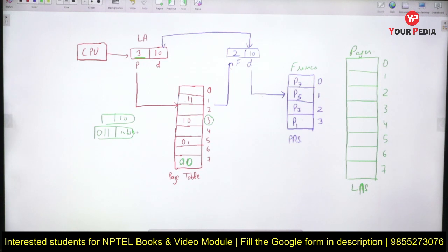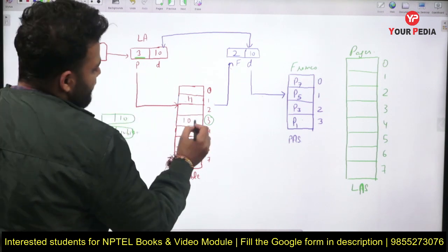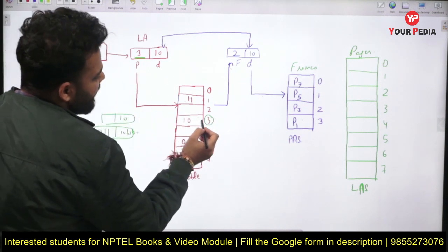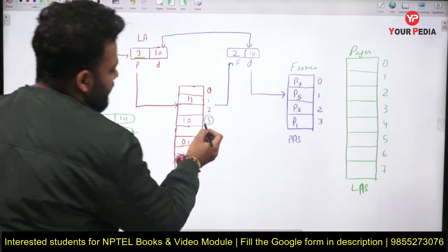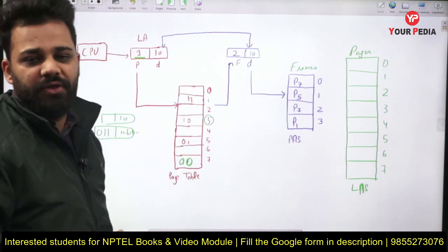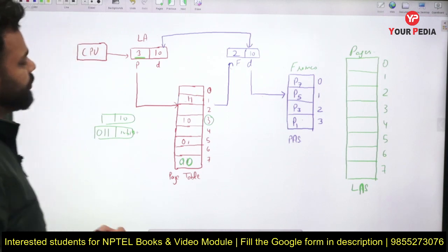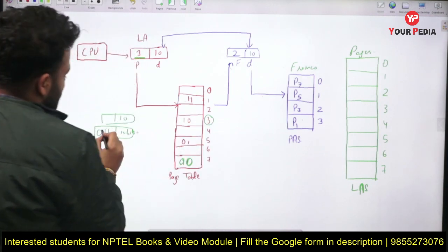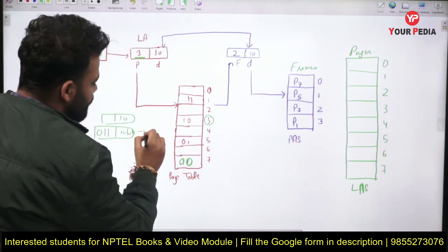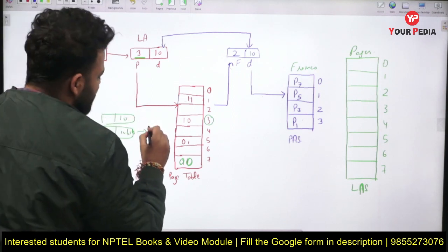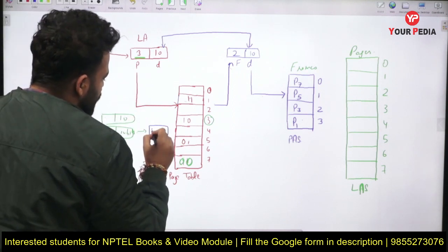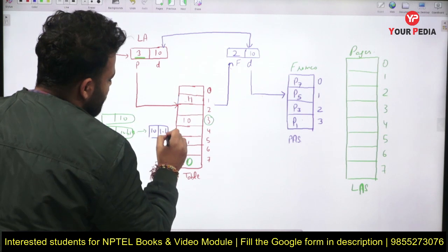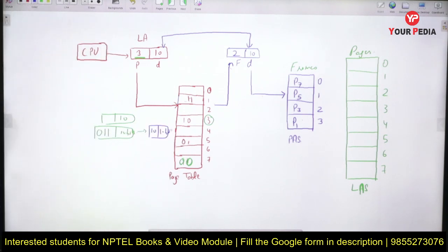Now it will go here and it will see that page number 3 is present in frame number 10. Now frame number 10 is what? 2. So it will translate this 0 1 1 into the frame number, which will be 10, and similarly there will be 10 bits for the offset.